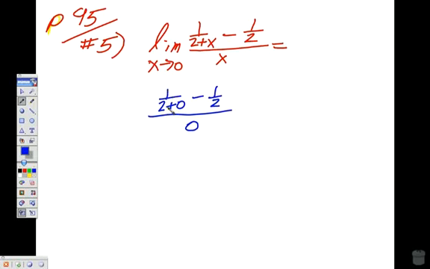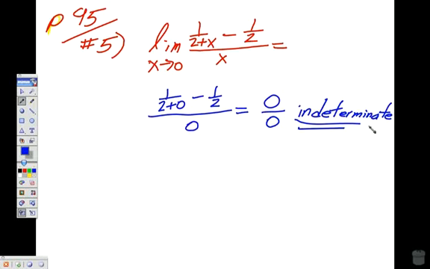So 1/2 minus 1/2 is 0 divided by 0. Not helpful. This is an indeterminate form, meaning we can't determine what the limit is based on just plugging the number in.